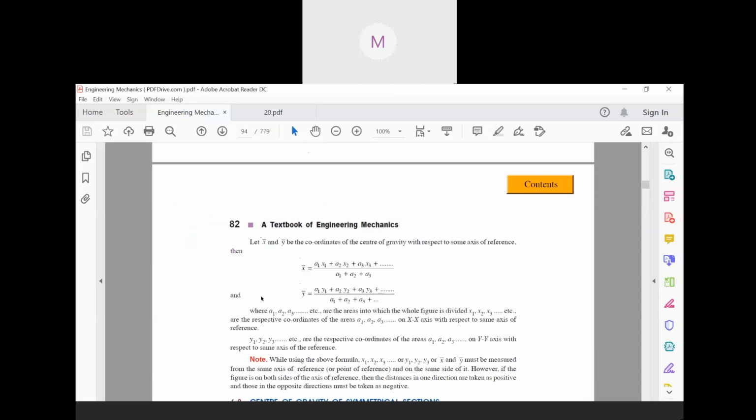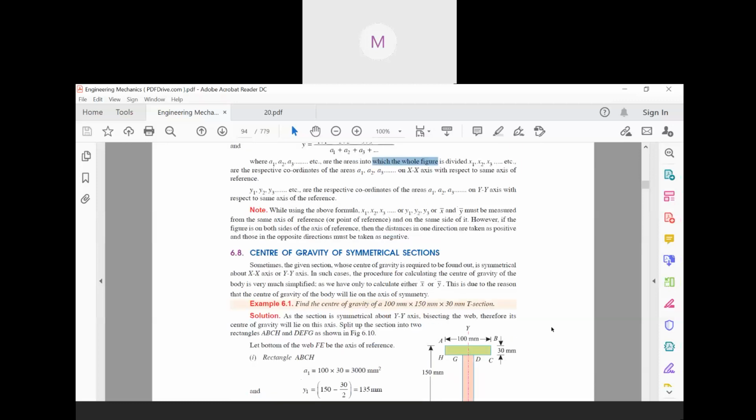Now to find out the coordinates, if x bar and y bar are the coordinates of the center of gravity, then x bar is equal to what? A1 x1 plus A2 x2 and so on, divided by the total area, where A1, A2, A3 are the areas into which the figure is divided, and x1, x2, x3 are the respective coordinates of the areas. Okay, and similarly in the y direction also we'll find out like this. Once we do the numerical, we'll understand in a much better manner.